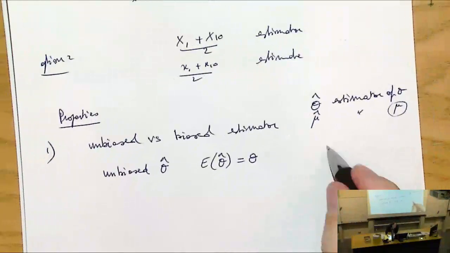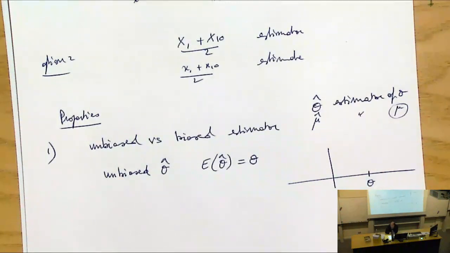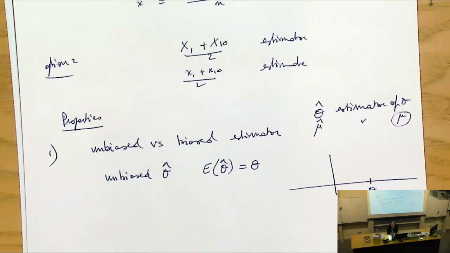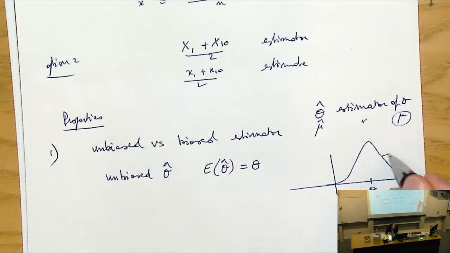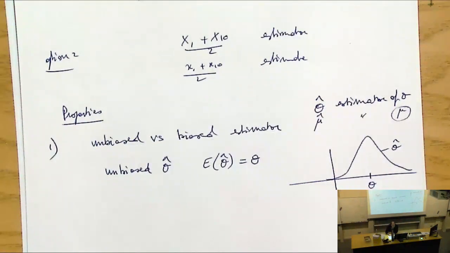So that means if I have a certain value theta or mu that I want to estimate, maybe the 50 I had in the previous example, I don't know that value. But using probability, I can build an estimator. That estimator is a random variable, so it has a certain probability density function or probability mass function.